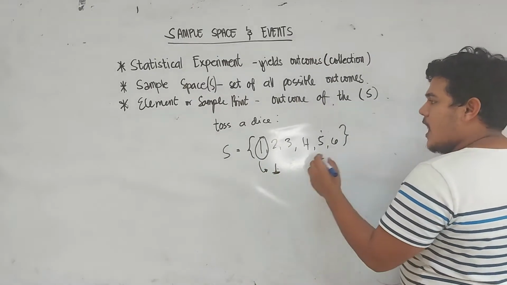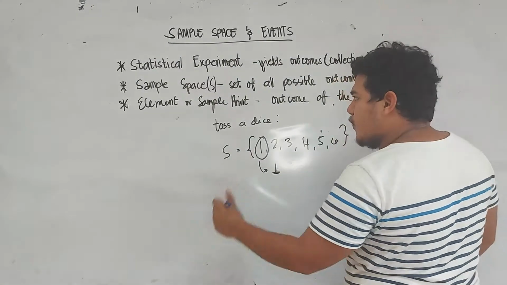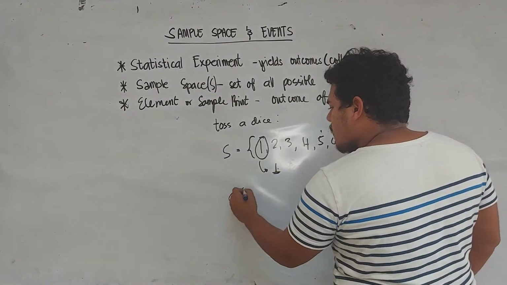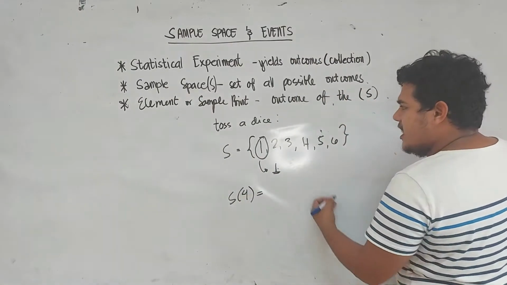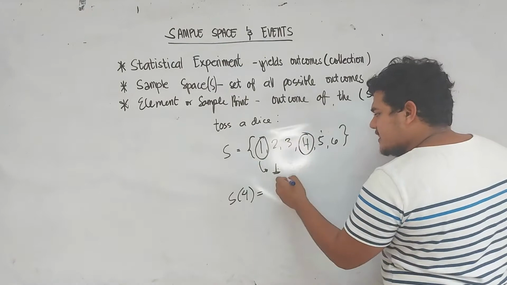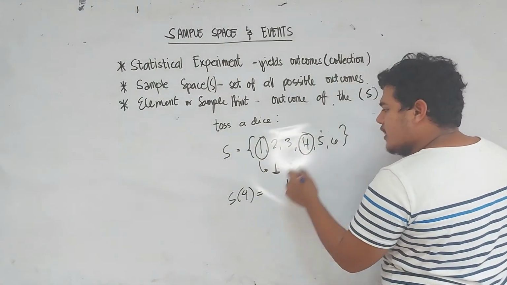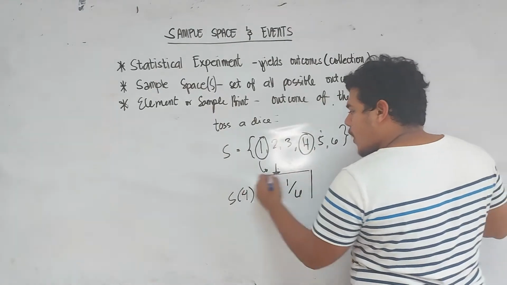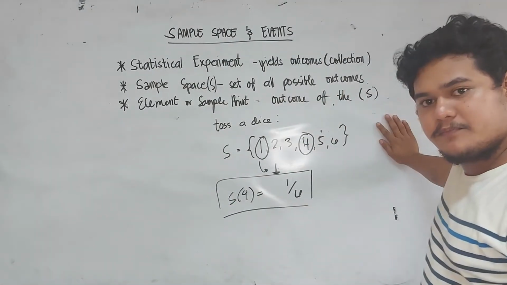Another one, what is the probability of getting a 4? How many 4s are there in our tossing of a dice? Only one. So that is 1 out of how many possible outcomes? 6. The answer is 1 out of 6. That is what we call a sample point or an element.